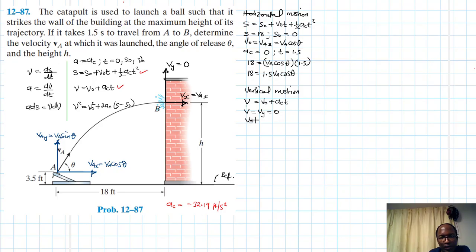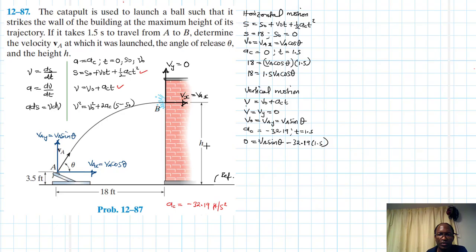And then V naught is just equal to VAY, which is equal to V sine theta. And our AC is equal to minus 32.19, and our time is 1.5. Therefore, 0 equals V sine theta minus 32.19 times 1.5.